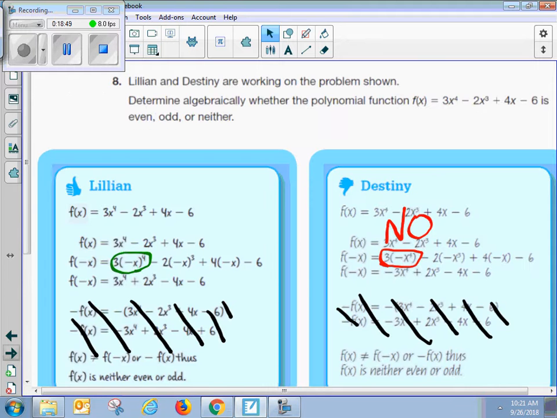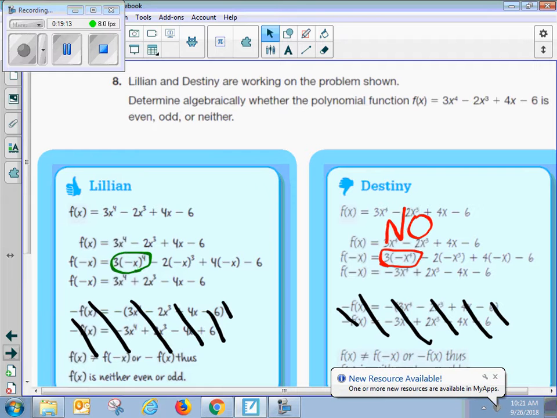Okay, so next thought. Now I'm doing this algebraically, like the next set of problems. I put one of these on the test as well. So the rule for testing algebraically is actually really easy. You are going to replace all the x's with negative x's. And you're going to take it to its respective powers. So far, that's what Lillian and Destiny did to start.